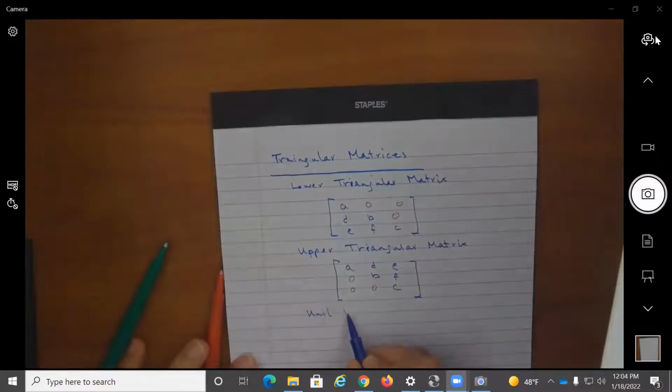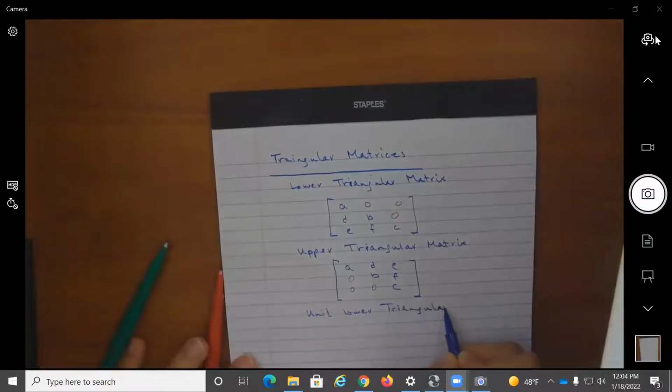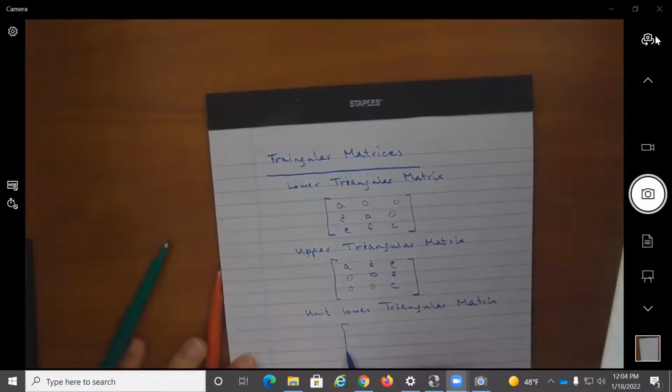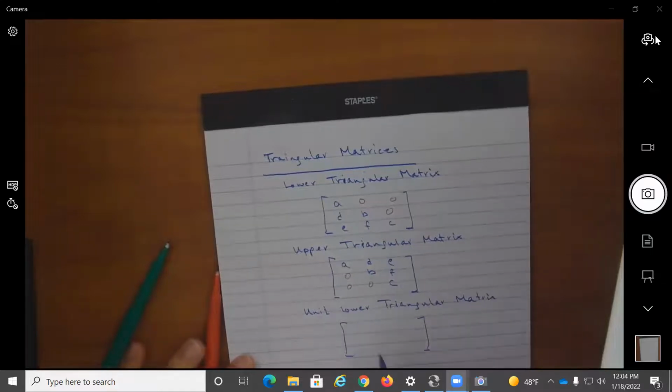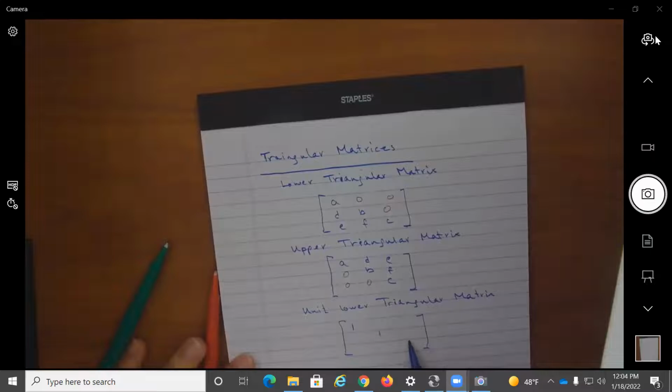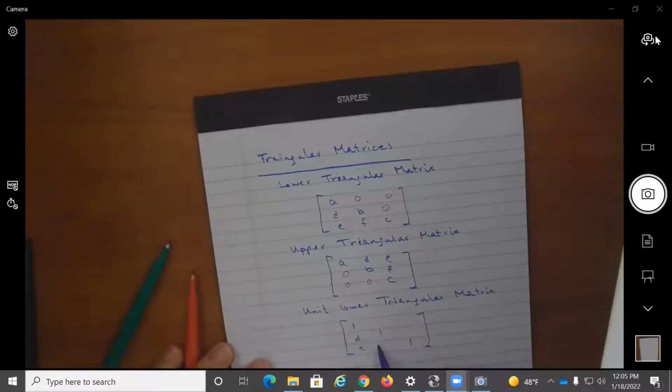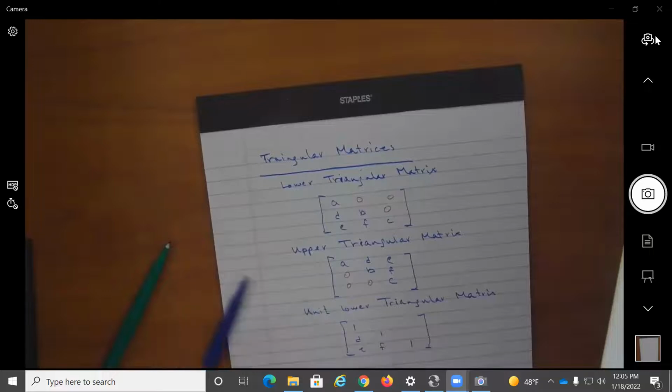Unit lower triangular matrix. That would imply that the diagonal elements are all equal to 1, and it's lower. So I have non-zero elements below the diagonal, but zero elements above the diagonal.